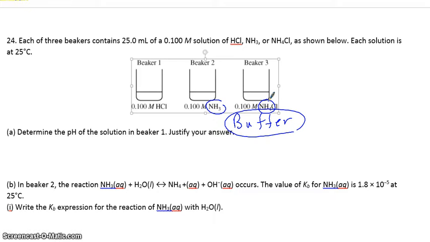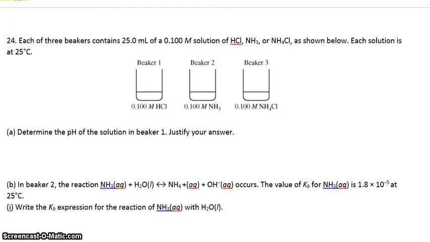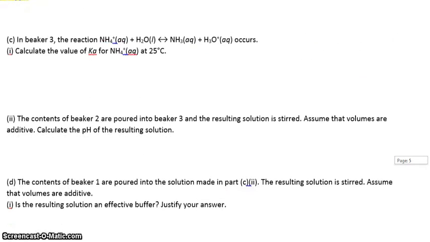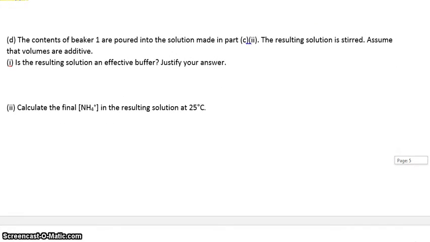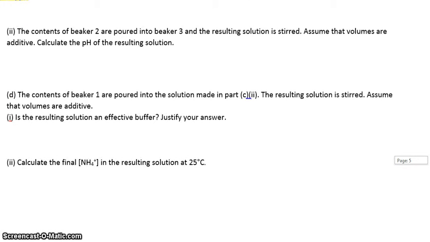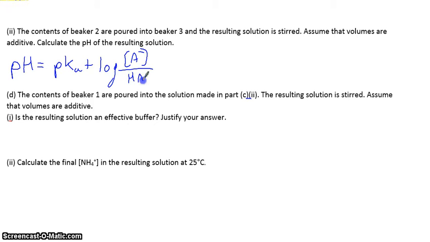Now, in order to calculate the pH of a buffer, and that's what they're asking us for, we'll have to use the buffer equation. The buffer equation is also on the equation sheet, and it says this: pH is pKa plus log of A minus over HA.